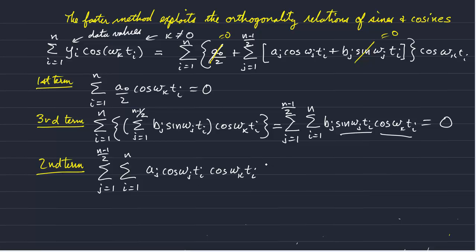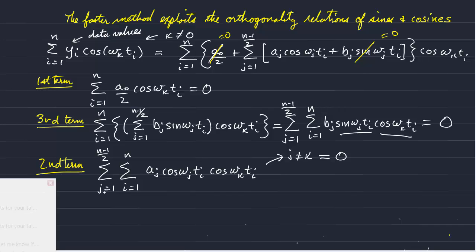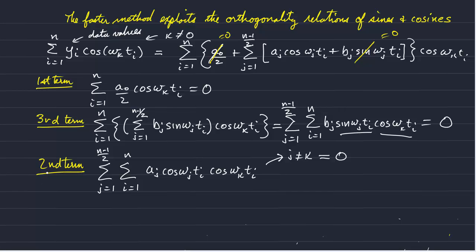And remember, by the orthogonality relationships of cosine functions, when j is not equal to k, then we get 0. So again, we're summing over all the j harmonics, and the only term that remains is the term in which j is equal to k. The only term that gives a non-zero value is when j is equal to k.